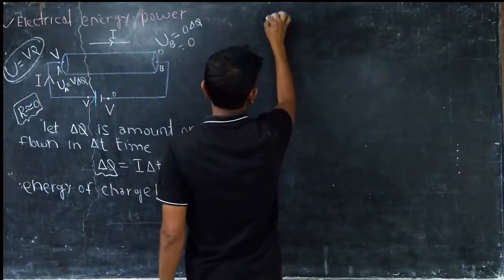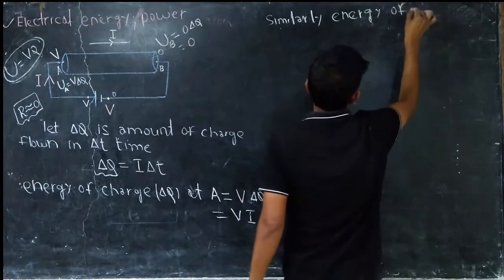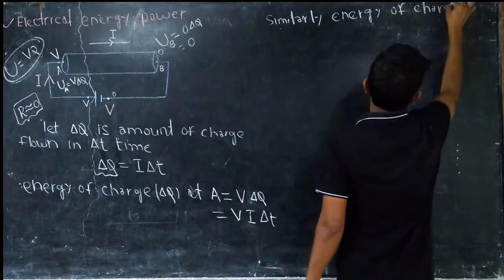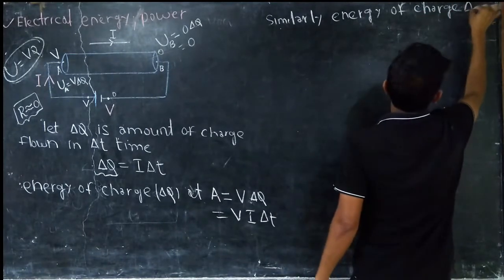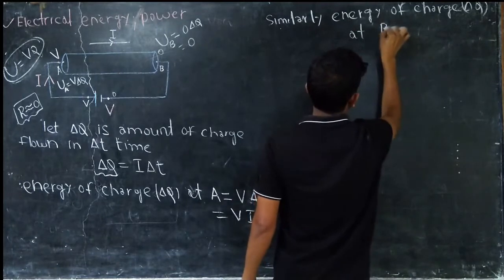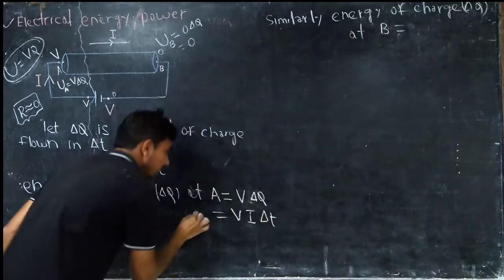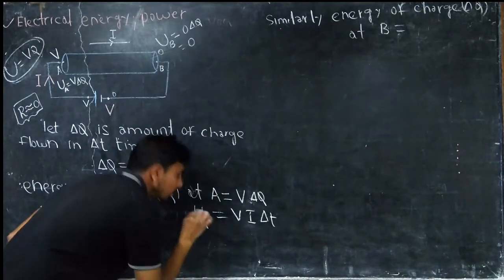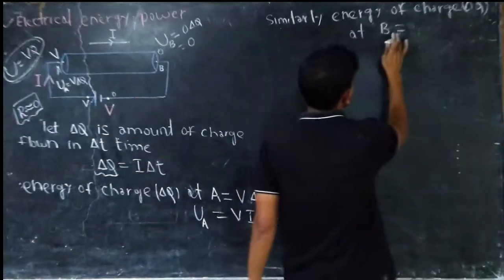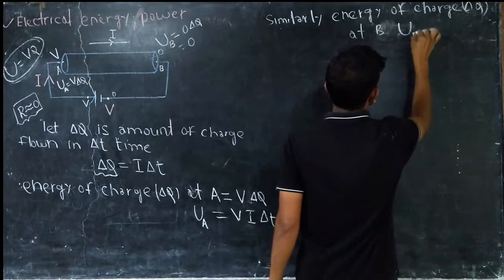Similarly, we can write energy of charge ΔQ at B. We can write it like this, U_A, and here the energy at B is U_B.